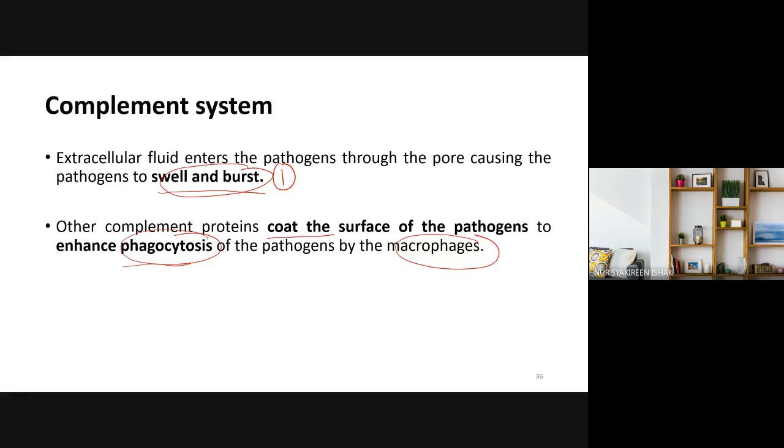So saya start dari semula. The second function of the complement system is to coat the surface of the pathogen, and it attracts macrophage to engulf the pathogen through phagocytosis. Okay, so this complement system is the second type of antimicrobial protein.